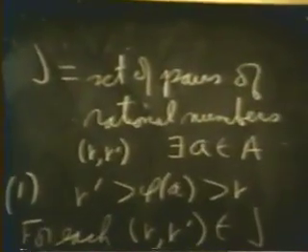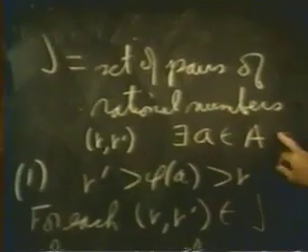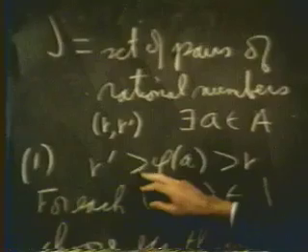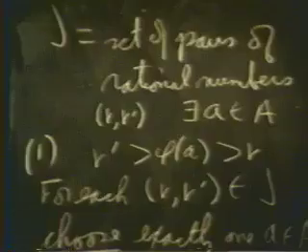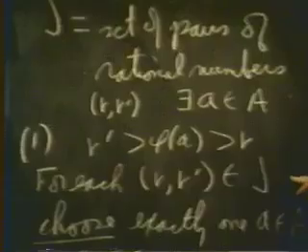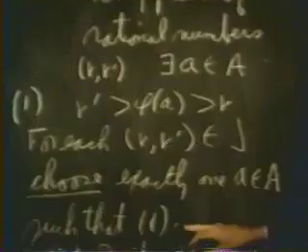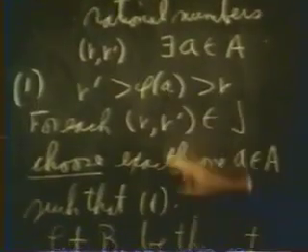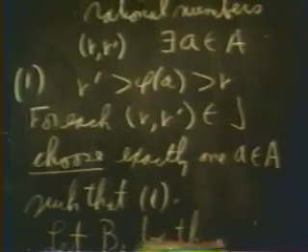Let J equal the set of pairs of rational numbers, R prime and R, such that there exists an A in A with R prime greater than phi of A greater than R. For each pair in J, we choose exactly one A in A such that condition 1 holds. Now notice in general there will be many such A's, but we now pick exactly one for each pair. Let B1 be this set of elements.